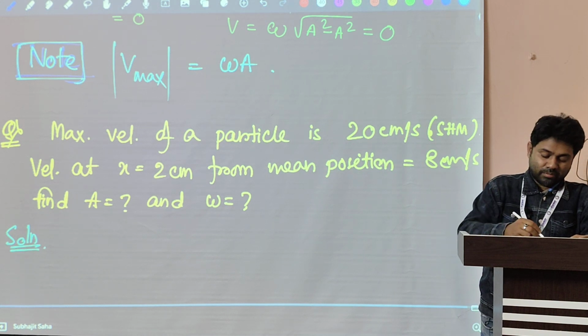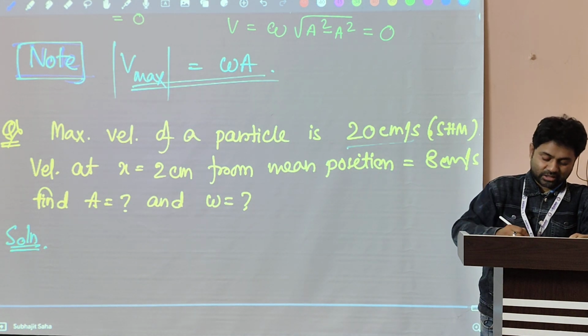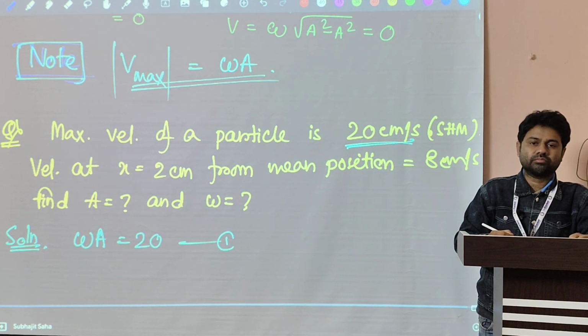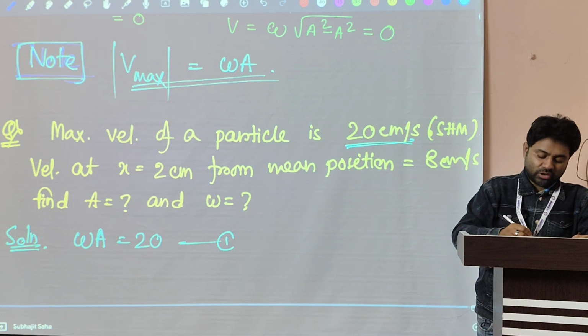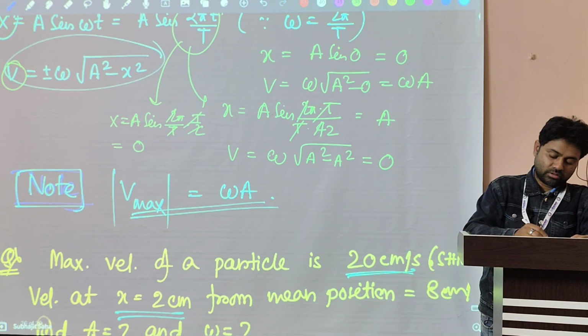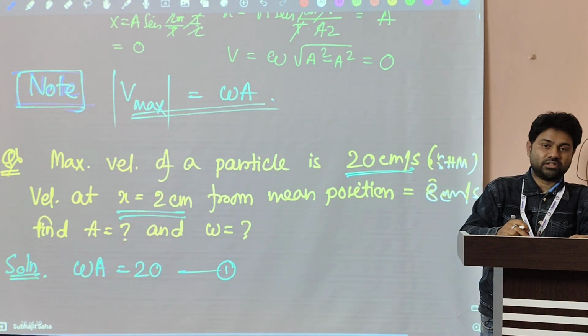Solution goes like this. Maximum velocity is omega times a, which is 20 centimeter per second in the given data. So omega a equal to 20. That's our first equation. Now velocity at x equal to 2 centimeter can be found by using this relation, putting x equal to 2 there.